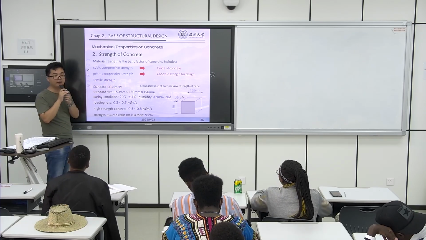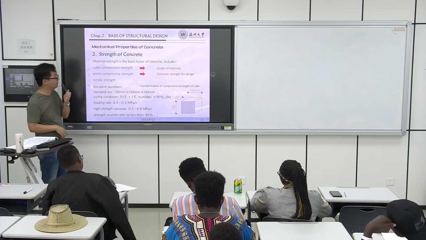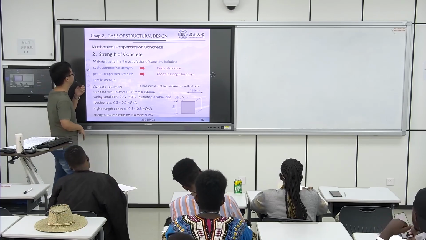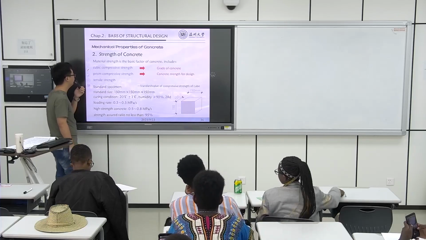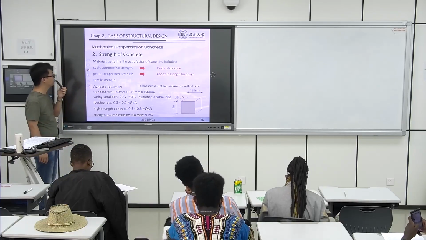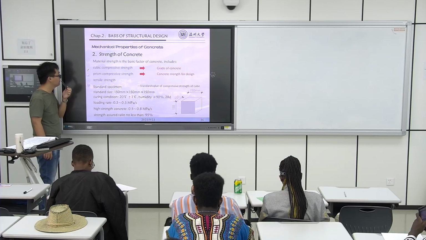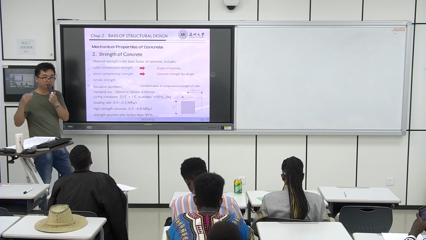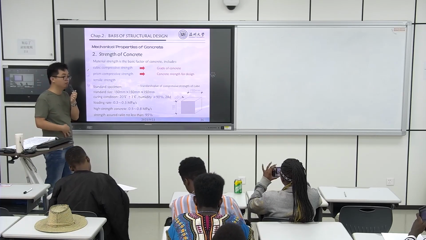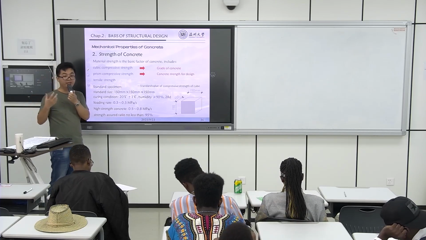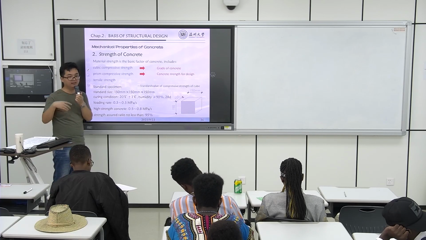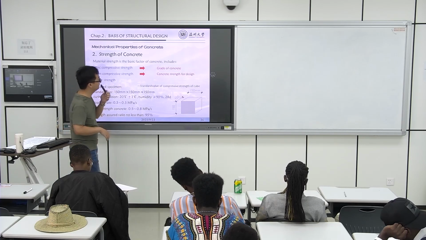I hope students can write down the cubic compressive strength, the prism compressive strength, and the tensile strength. These three strengths we will see again and again about concrete, right?